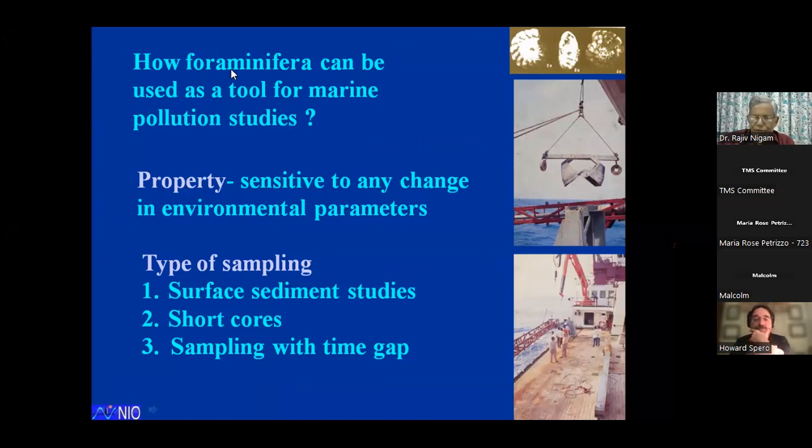So it is the sensitivity of foraminifera which we use, and three types of sampling we can use for pollution monitoring: surface sediment studies, short cores, and sampling with a time gap. In any area which is adjacent to the industries, if we have pre-industry and post-industry samples, we can get an idea.